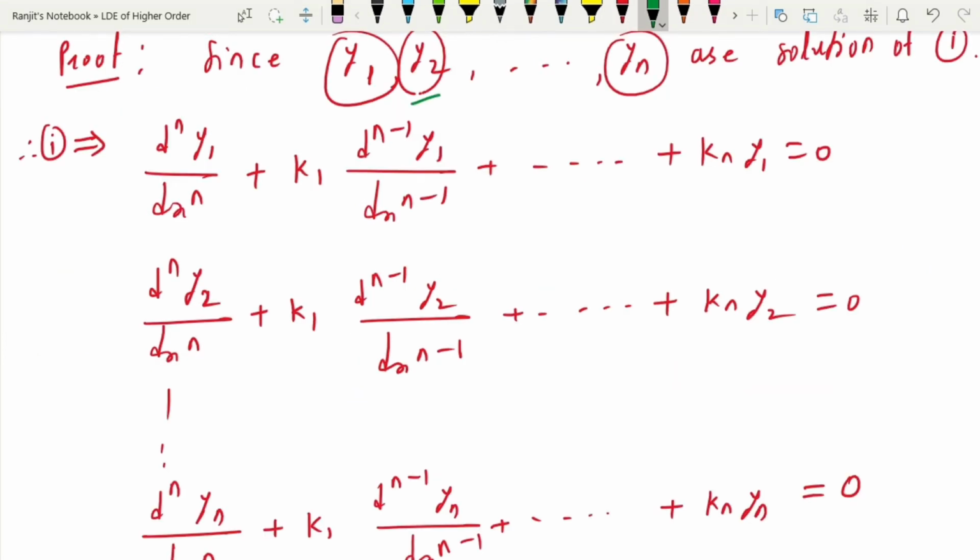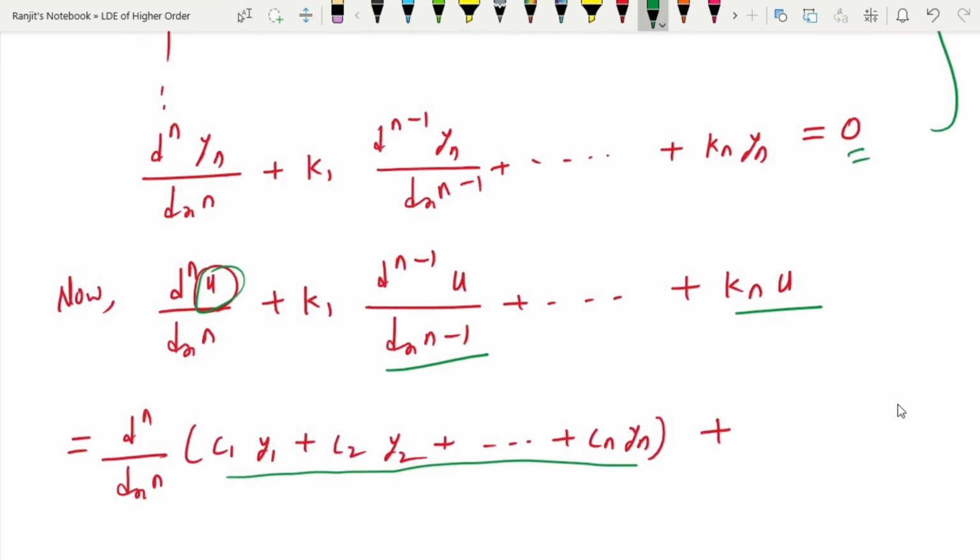Similarly, y2 satisfies equation 1, that is d^n y2 over dx^n plus k1 d^(n-1) y2 over dx^(n-1) plus ... plus kn y2 is equal to 0. And lastly, yn is also a solution, so d^n yn over dx^n plus k1 d^(n-1) yn over dx^(n-1) plus ... plus kn times yn is equal to 0. These equations are denoted by number 2.